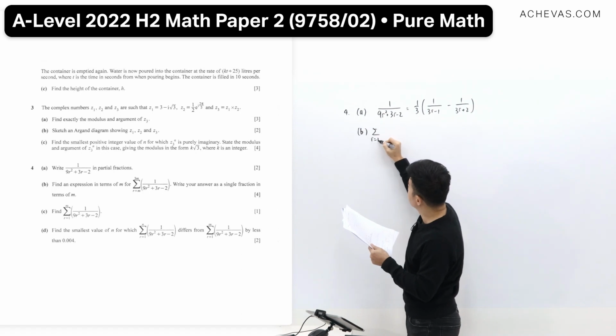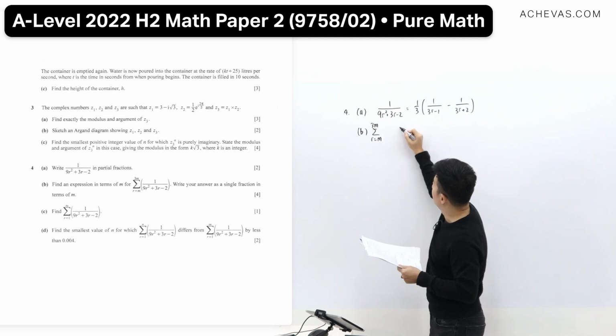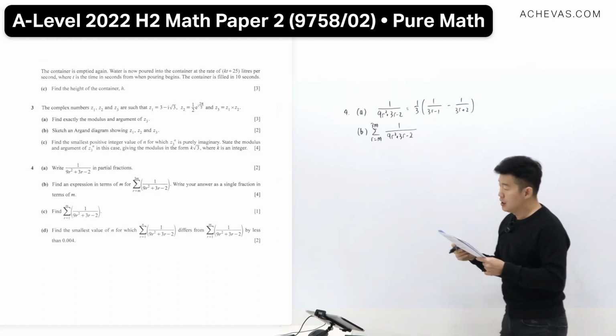summation from r starting from m to 3m of 1 over 9r squared plus 3r minus 2.